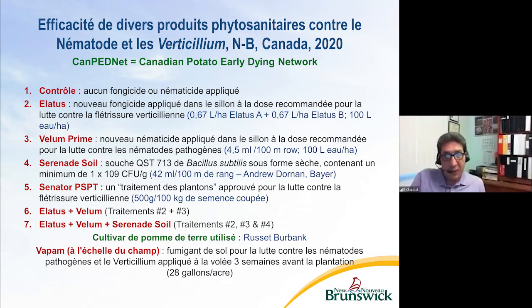Now in New Brunswick alone, I was able also to test the product Vapam, which is a fumigant, on a field scale. So there's a grower that wanted to test this in his farm. He wasn't able to apply it in the fall, so he applied it before planting, about 3 weeks before planting, 28 gallons per acre he used.